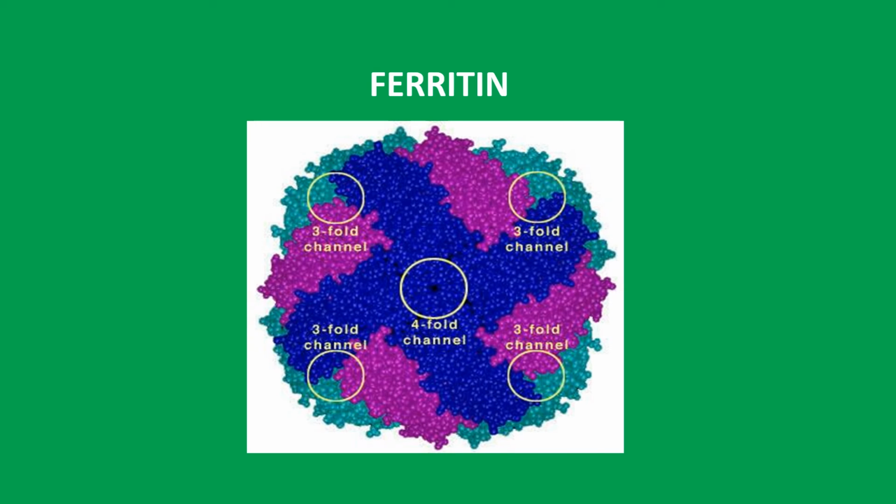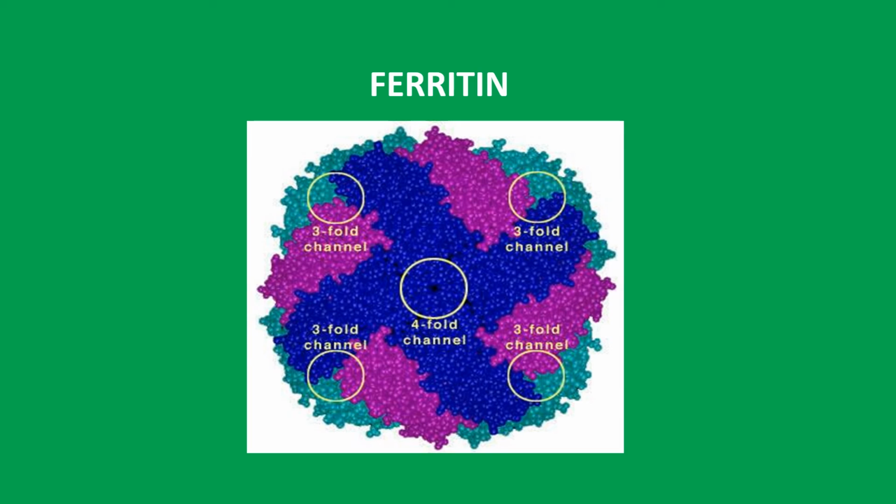Next is your ferritin. Your ferritin is a protein that contains iron and is the primary form of iron stored inside the cells. The small amount of ferritin that is released and circulates in the blood is a reflection of the total amount of iron stored in the body.